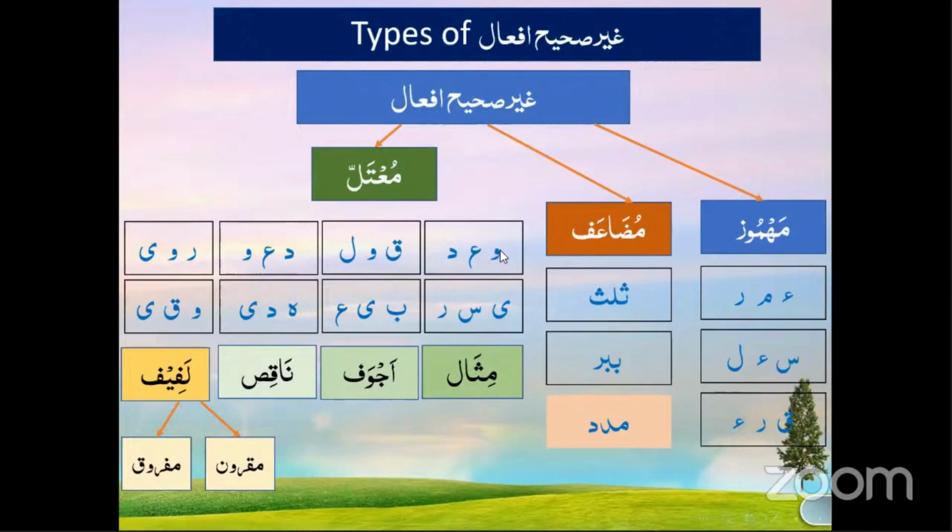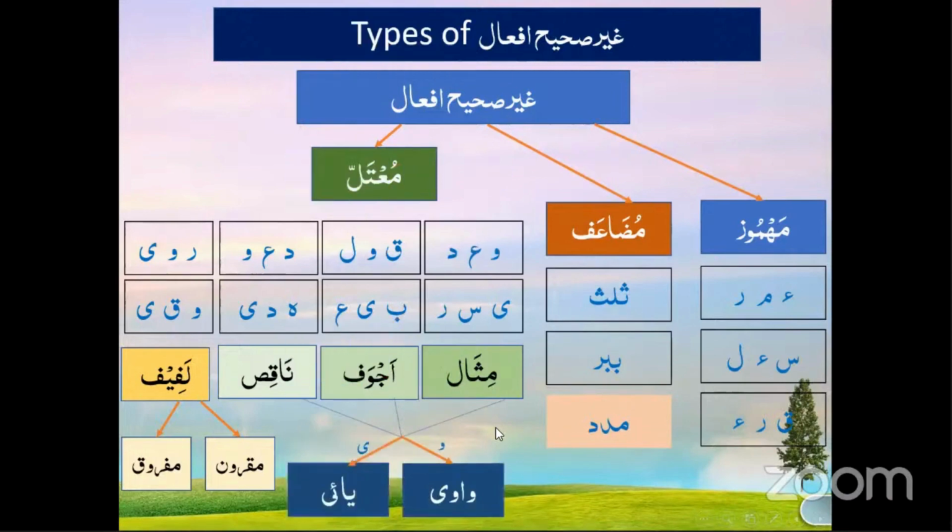If there is a waw or ya in the fa position, the name is going to be misal, or we call it either misal wawi or misal yai, depending on which letter is in that position. That is also a naming convention, has nothing to do with any other thing, right? So this will be misal wawi, misal yai.